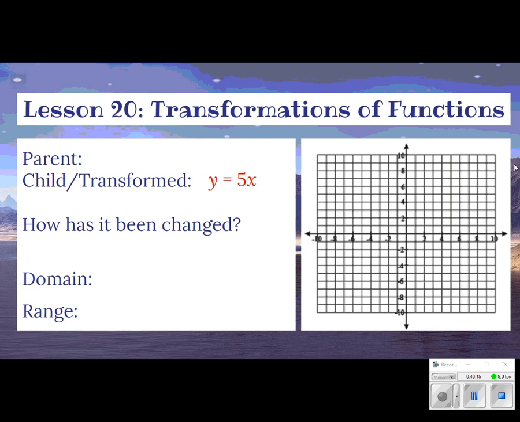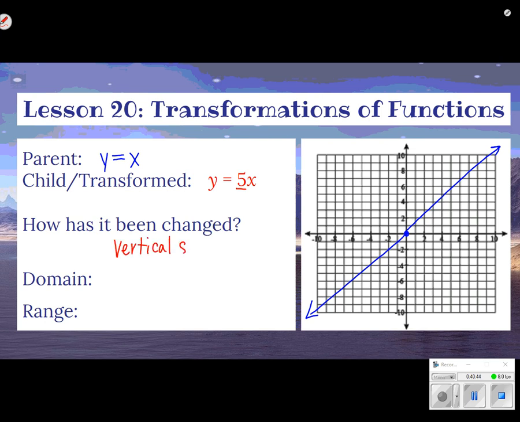So we're going to look at graphing with a linear pattern. So we know that 5x is linear, so its parent function is y equals x. And let's graph that parent function. So y equals x puts it at 0, 0, and it's a nice line there. And then we know that this 5 is bigger than 1, so it's going to be a vertical stretch.